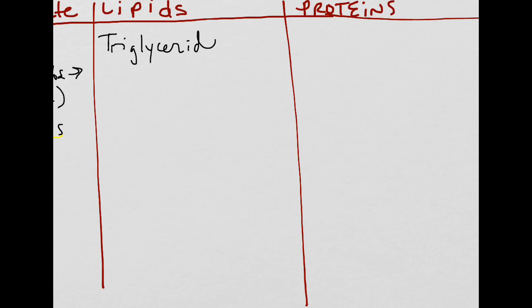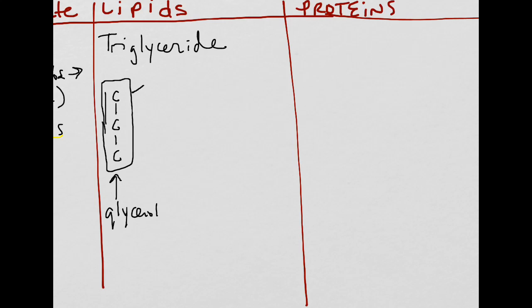So for triglycerides, remember that the "glycer" part of it is referring to this 3-carbon backbone known as glycerol. Okay. And then attached to them are 3 fatty acid tails.